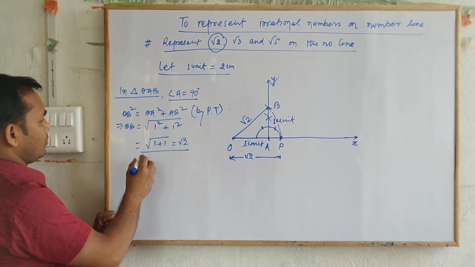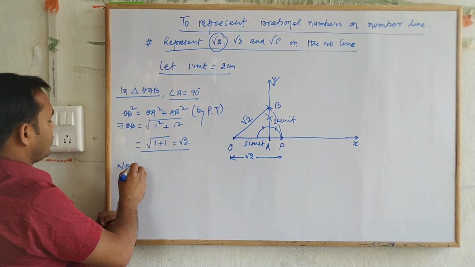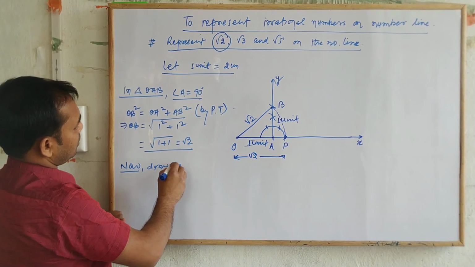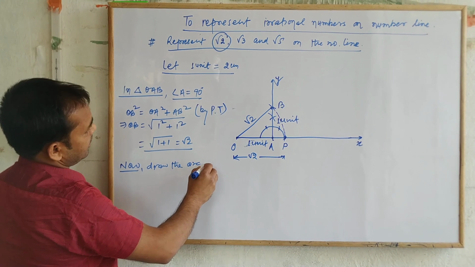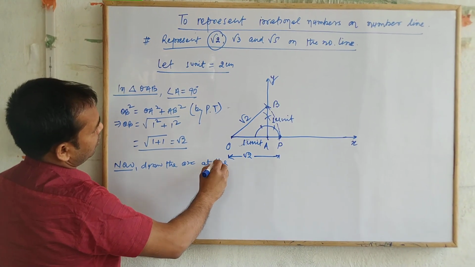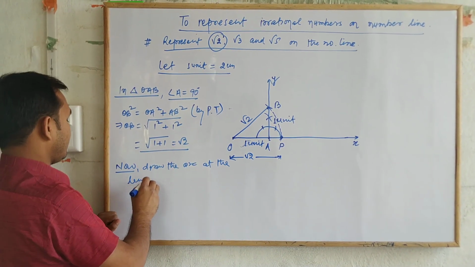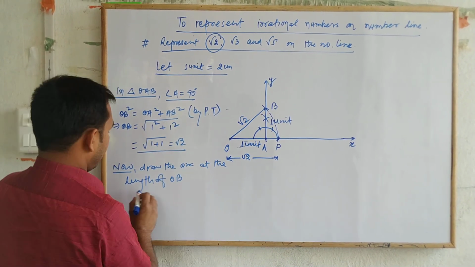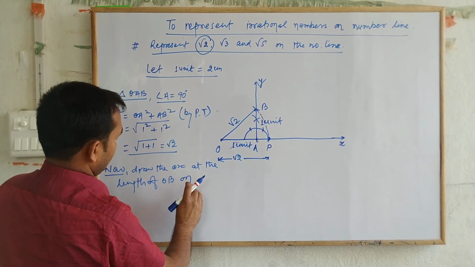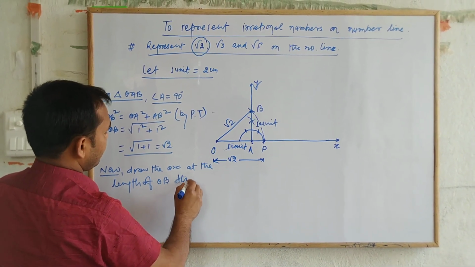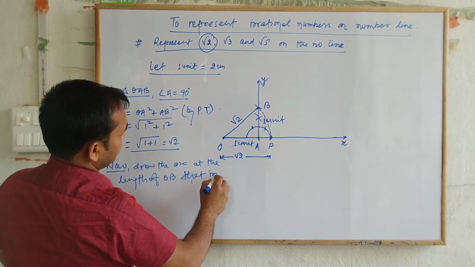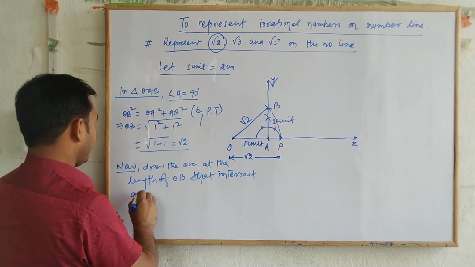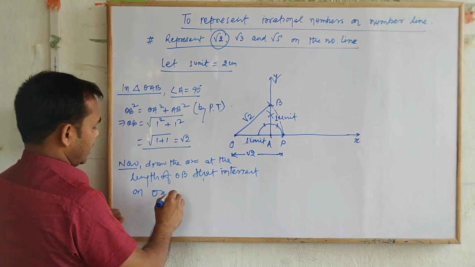Now draw the arc at the length of OB that intersects on the OX ray.